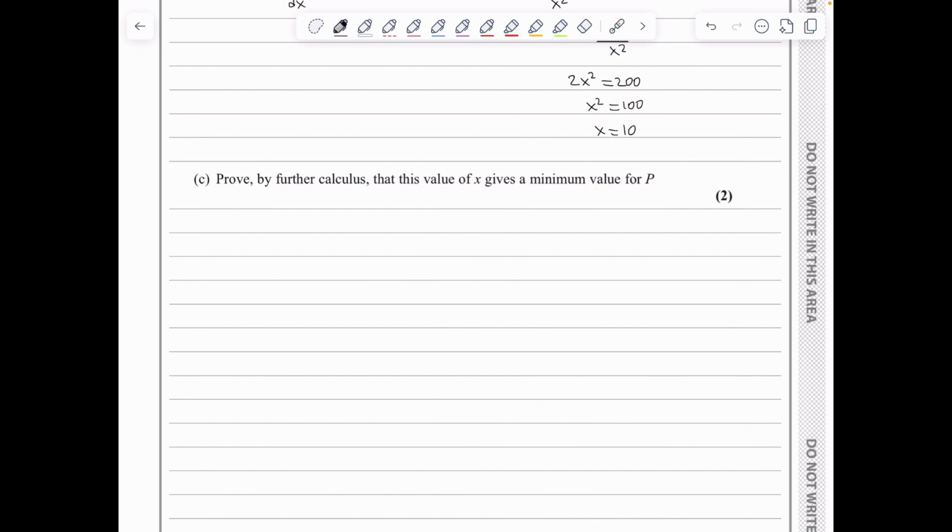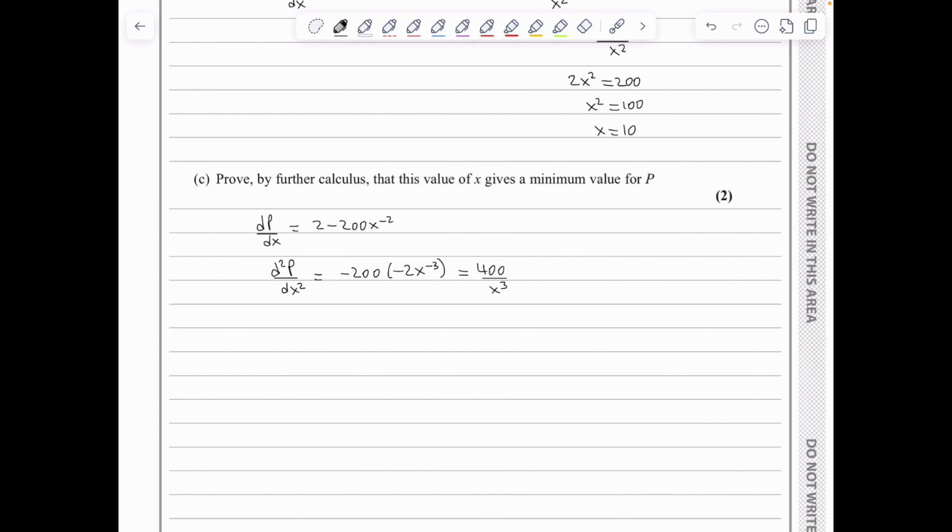Let's start with the expression we had for dp dx. We have found from the previous part of the equation that dp dx is 2 minus 200 x to the minus 2. And I will proceed with the second derivative, so d2p by dx squared. So this is equal to minus 200 times negative 2x to the negative 3, which gives me 400 over x cubed.